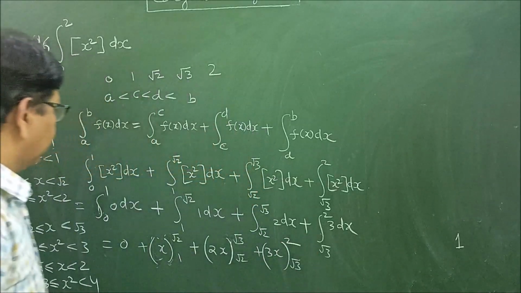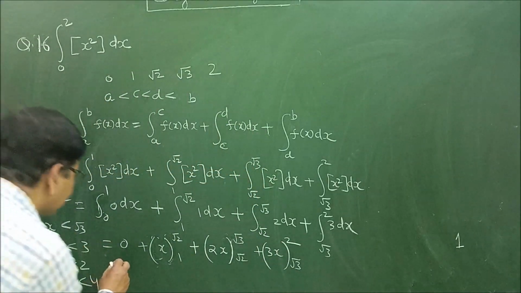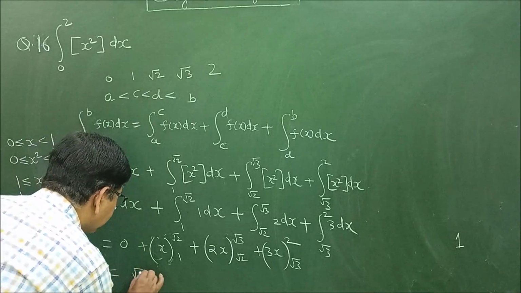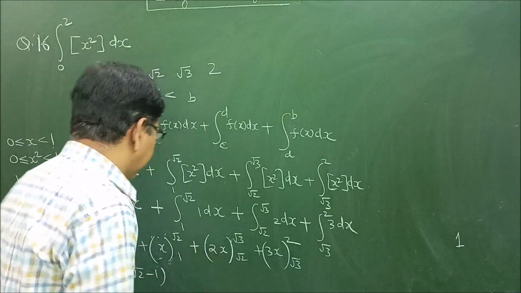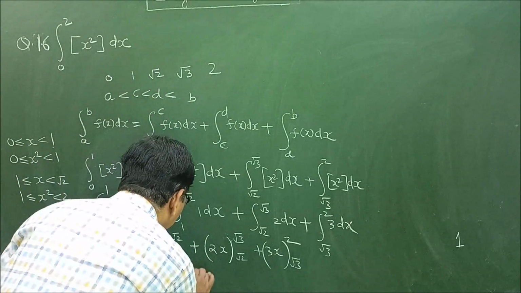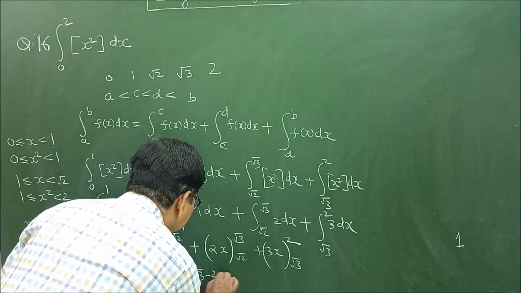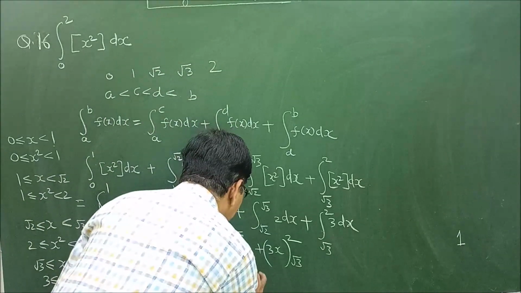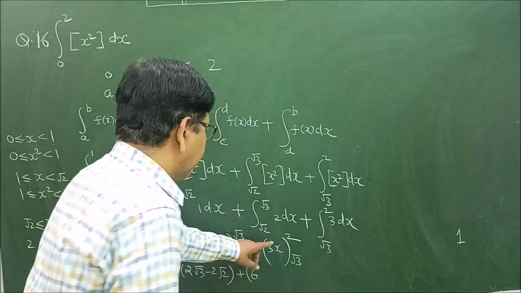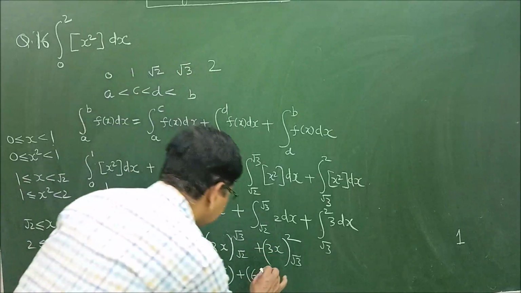Now solving this we get root 2 minus 1, here we get 2 root 3 minus 2 root 2, plus here we get 6 minus 3 root 3.